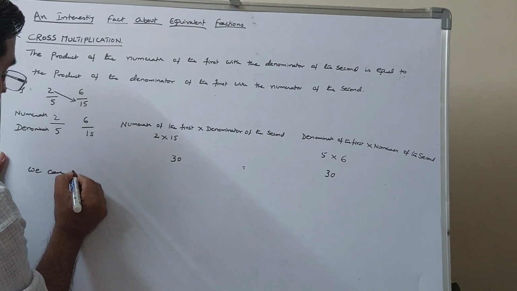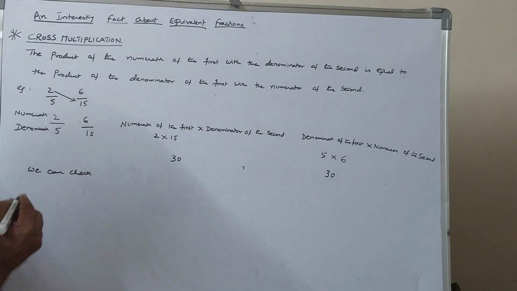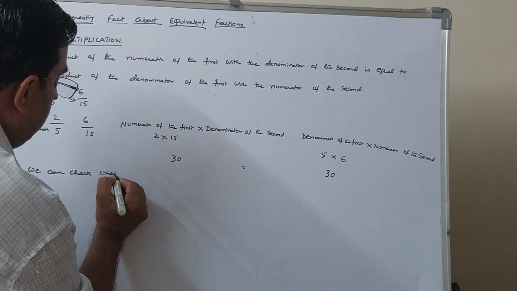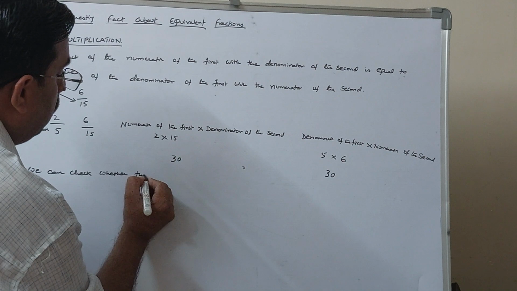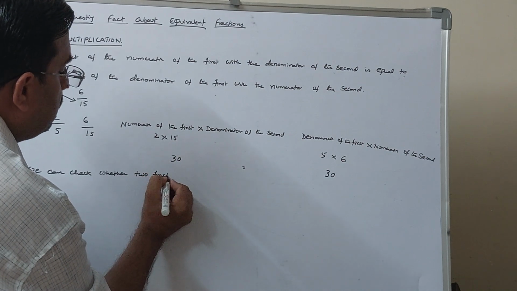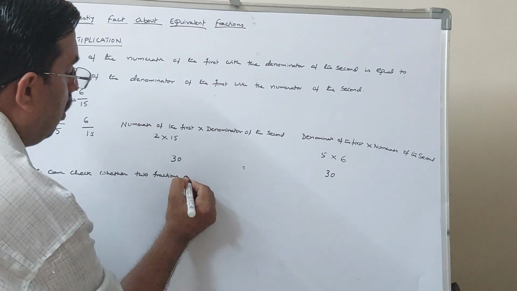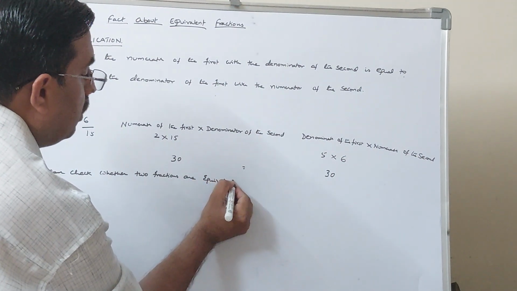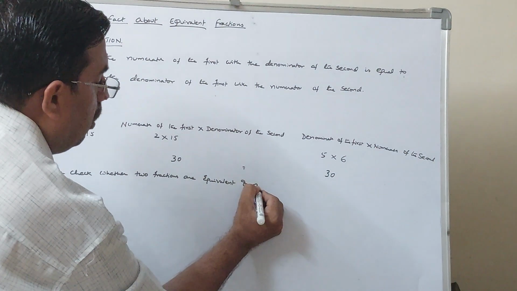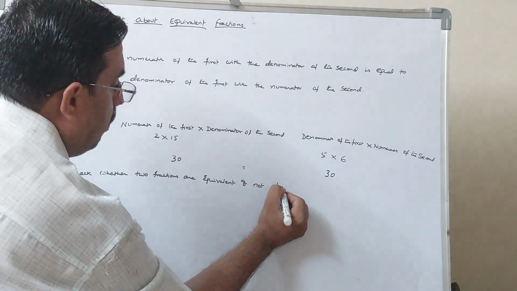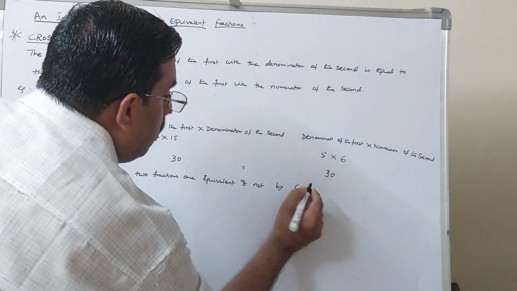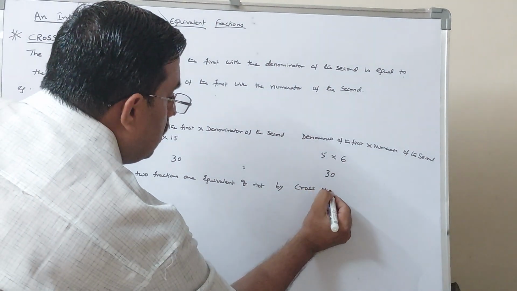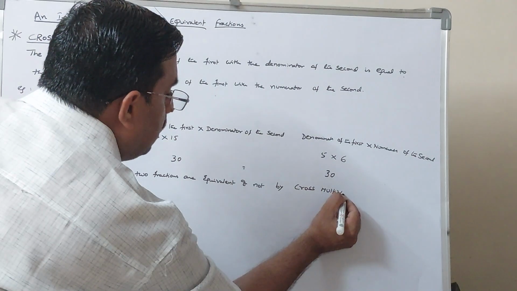We can check whether two fractions are equivalent or not by cross multiplication.